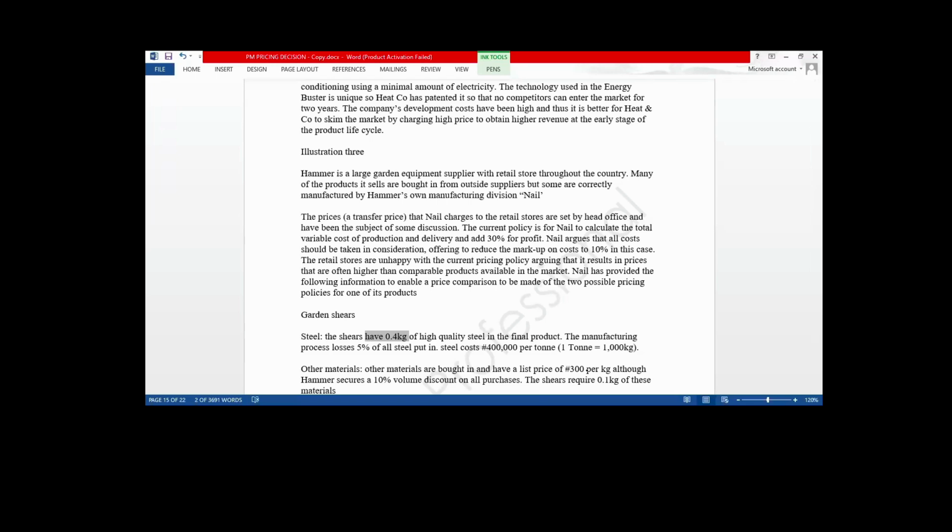The spare requires 0.1 kg of this material. You can calculate this. This is subject to discount.